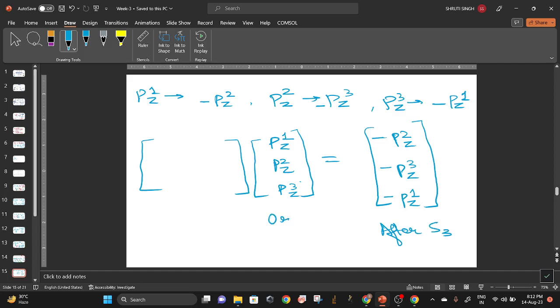This is the original configuration. Now can you tell the matrix? Yes, ma'am. 0 minus 1 0, 0 0 minus 1, and minus 1 0 0. So now is this matching?